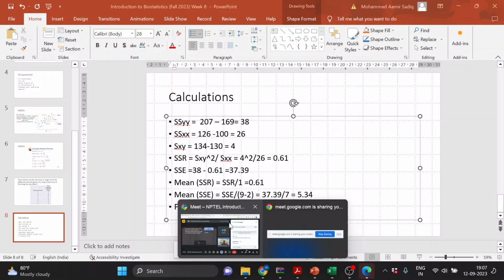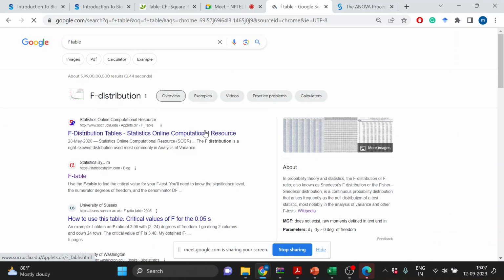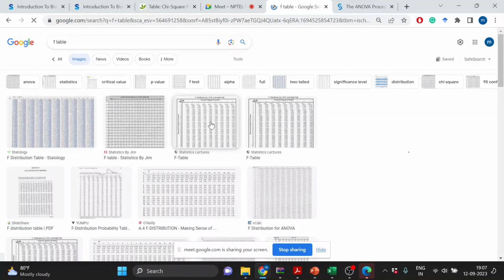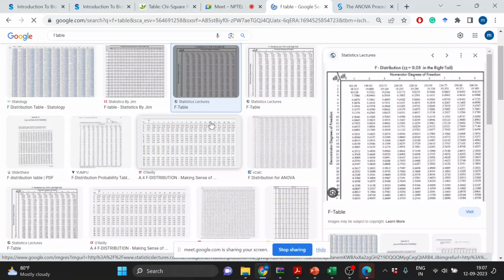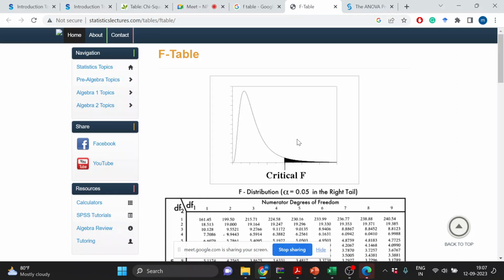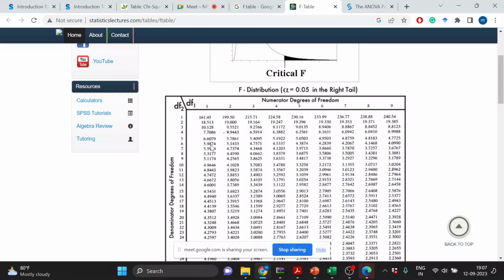Okay, let's look up your F table. The F table will have two parameters: the degrees of freedom of your explained and your residual. The numerator is 1. For alpha equals 0.05, 1 comma 7, it's 5.59.